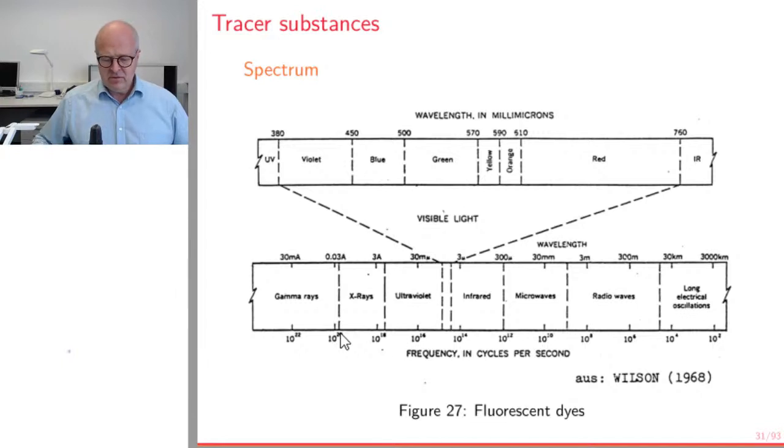Yeah, what we would like to do now is have a closer look at the tracer substances, at the fluorescent dyes. So first of all, we use fluorescence. I will prepare a little video of the fluorescence spectrometer that we have in our lab, so that you can actually see this.